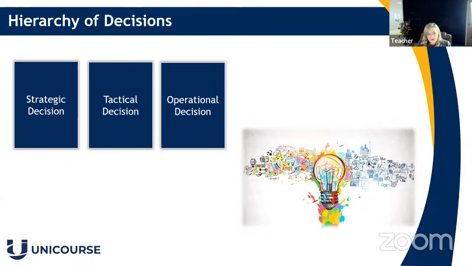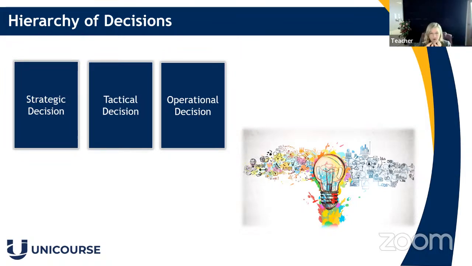So recognise that before you identify the problem and make the decision, because as I mentioned in the previous session, if you pick a problem that you're wanting to change, or you're wanting to make a decision on, or plan for the future with, and it's too small or too big, you're going to struggle.